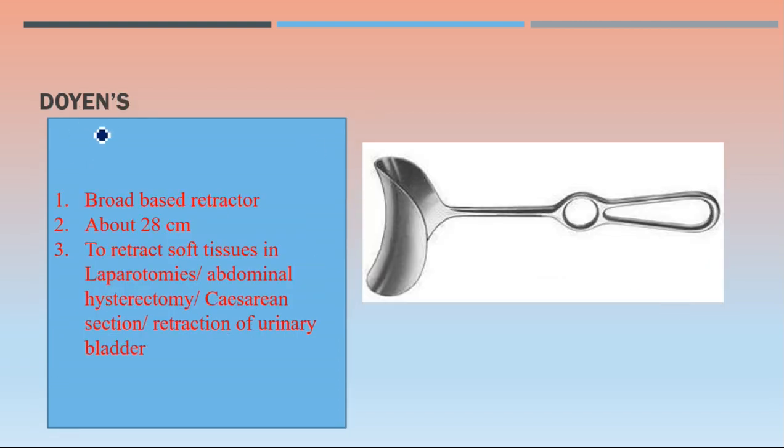Then Doyne's retractor. Basically it's a broad-based retractor, you can see. Don't get confused with the Balfour blade of the Balfour self-retaining abdominal retractor. You can always go back to that. That blade you can get confused with the Doyne's.